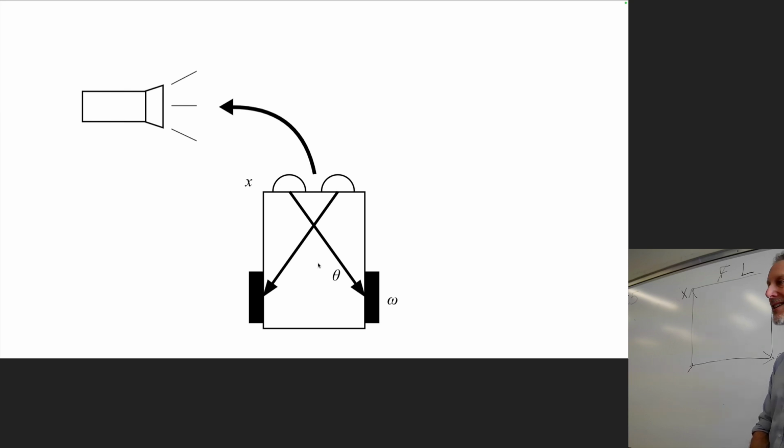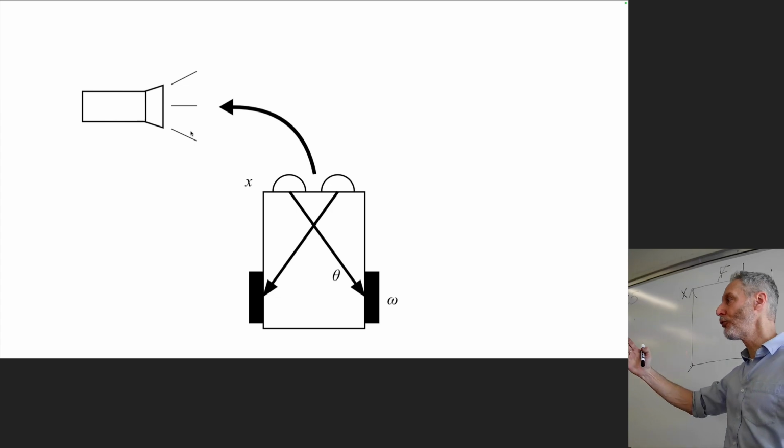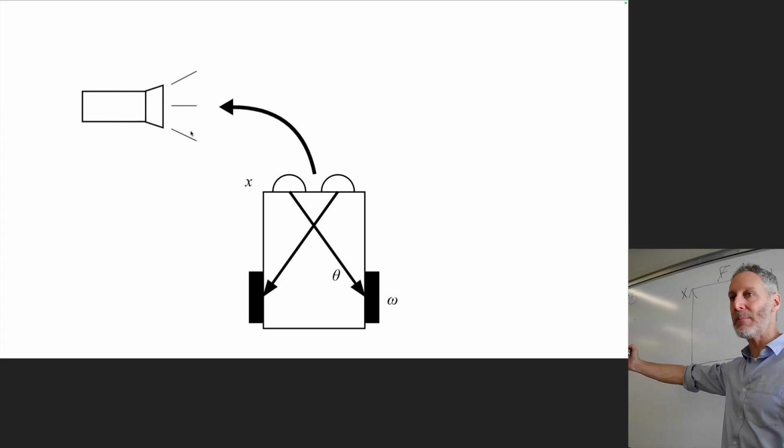What the physics engine can't do for you, at least not yet, is tell you what x and theta should be. Let's say we put some random x and theta into the physics engine, and we ran the physics engine forward one time step.